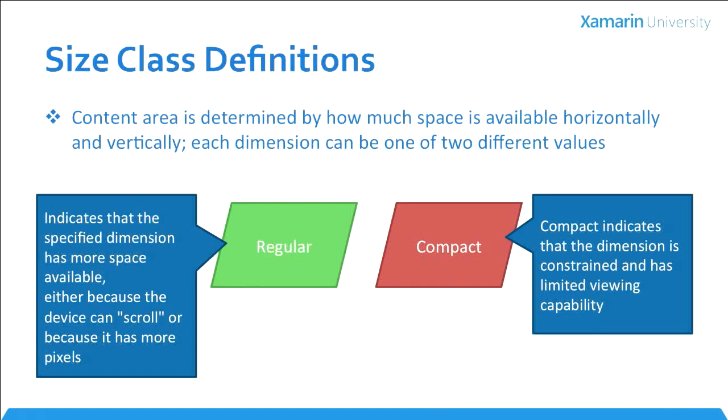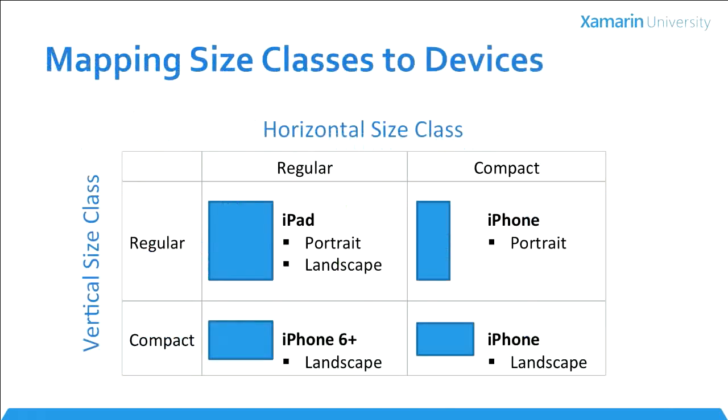So let's map these size classes and dimensions to the devices that we have available. Now, this diagram comes from Apple's documentation, and it shows how the two size classes and the two dimensions are meshed together and how they apply to our current iPhone and iPad devices. And presumably the same matrix is going to apply to new devices when Apple releases them, possibly things like the Apple Watch or the new larger iPad, if it is released.